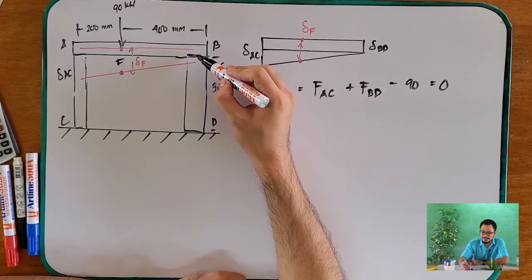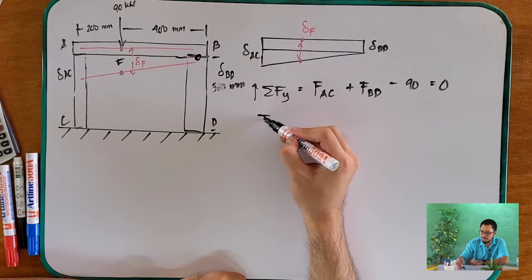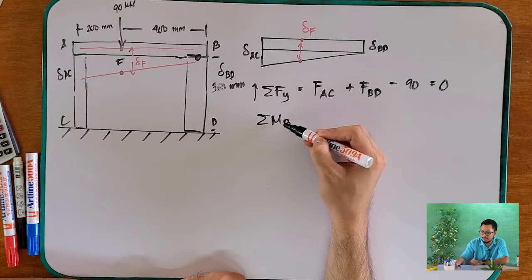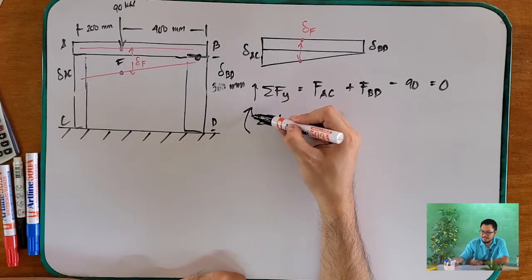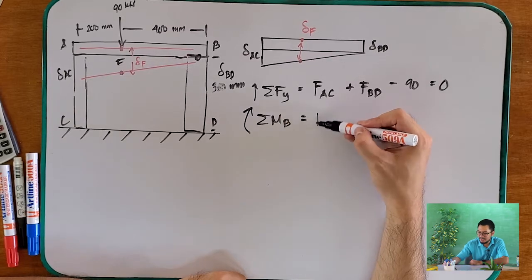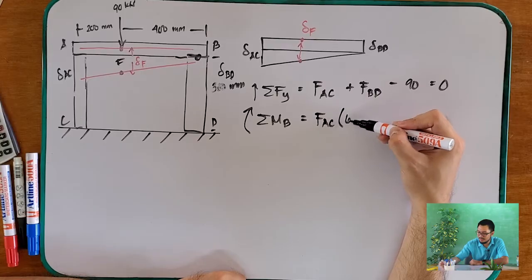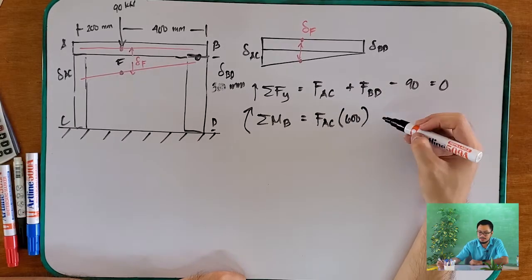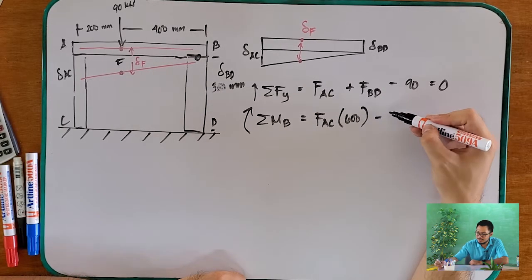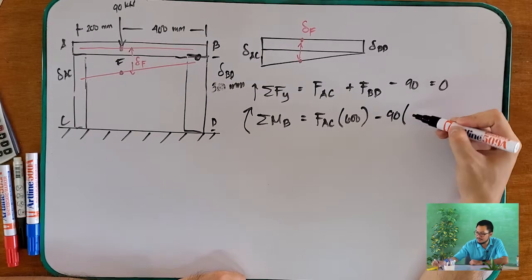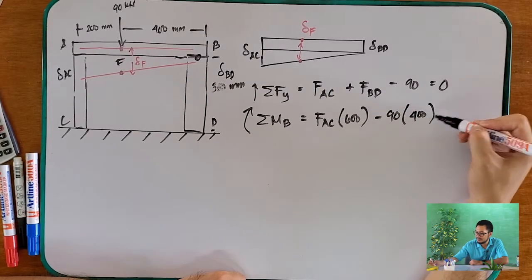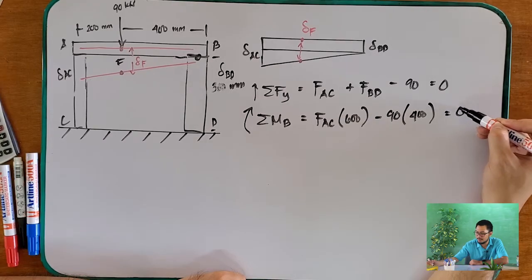And let's just say that we take moments at our point B. Summation of moments at point B, assuming this one is positive, equals F AC times 600 millimeters, then minus 90 kilonewtons times 400 millimeters equals 0.